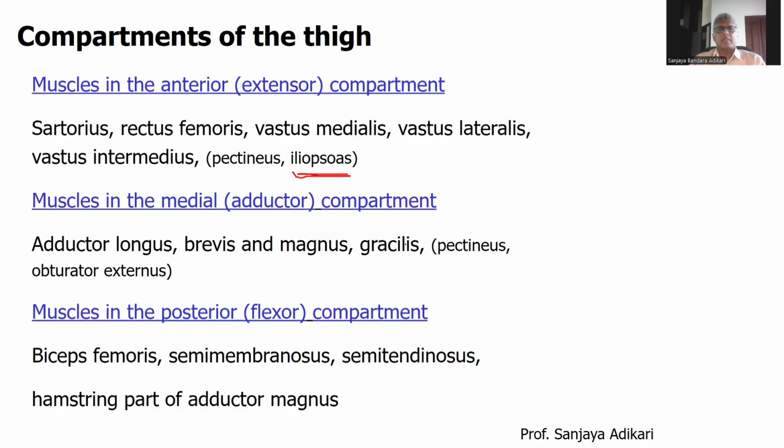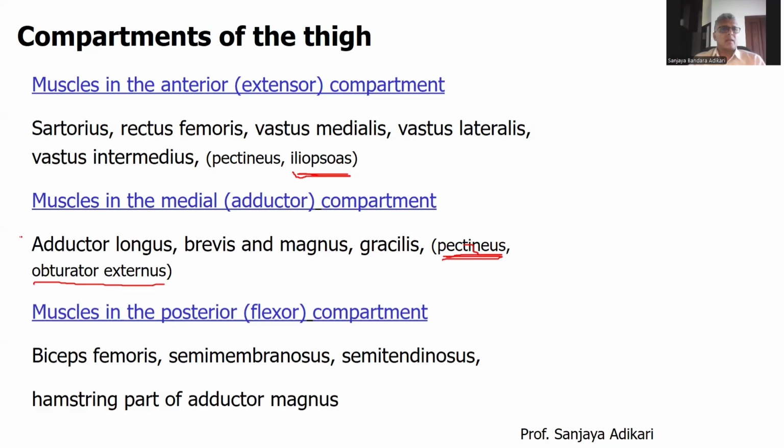with the gracilis muscle. Again, as I said before, pectineus could be involved there because it has dual supplies and dual actions also, I think. Okay. Then the other point is some people include obturator externus also in the adductor compartment because it can adduct the hip joint.